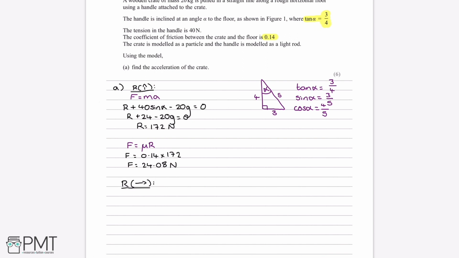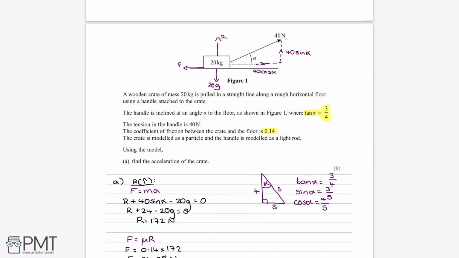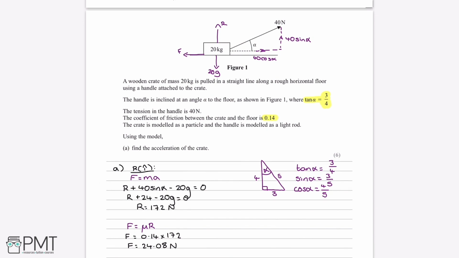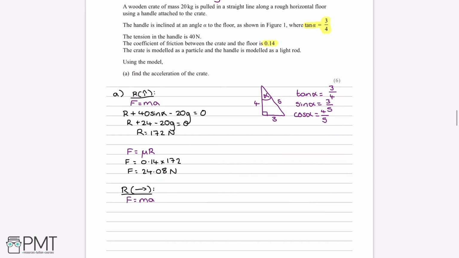And so again, using F equals ma like we did before, the forces acting in this direction positively are 40 cos alpha. That's the only force that acts in that direction. And then the forces acting against this direction, there's only one again, and that's F, which acts in the negative direction when we resolve to the right.